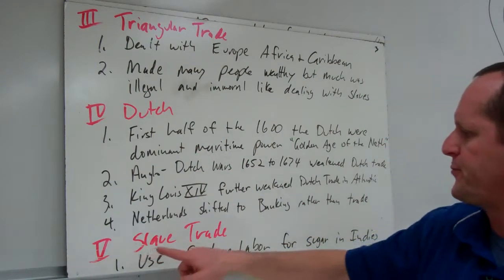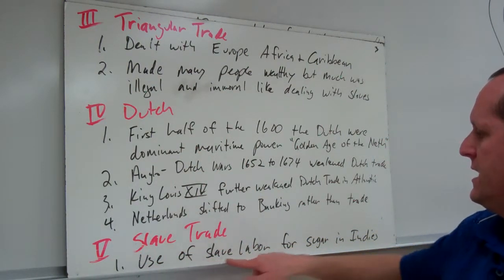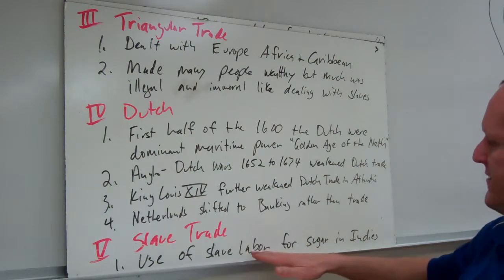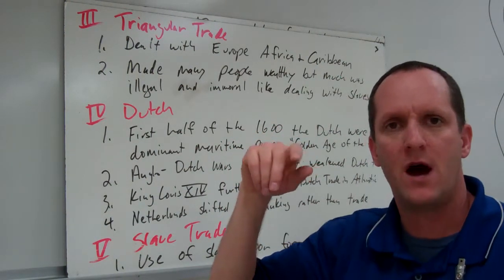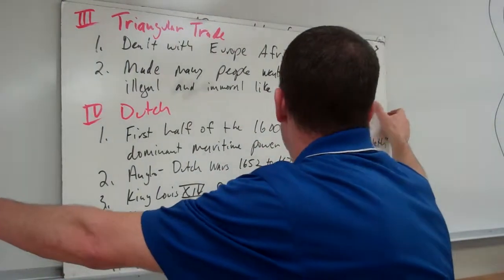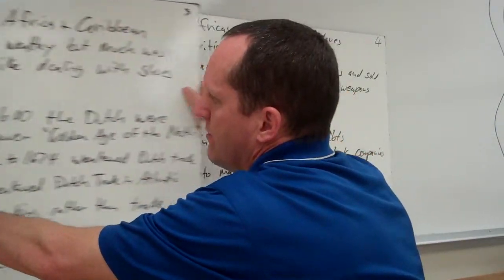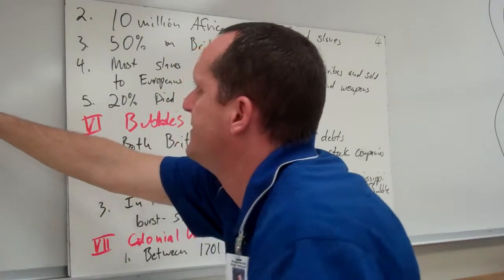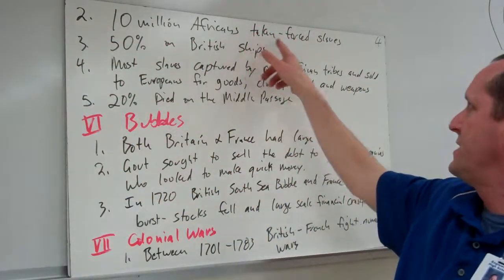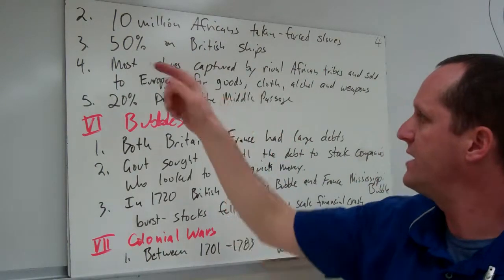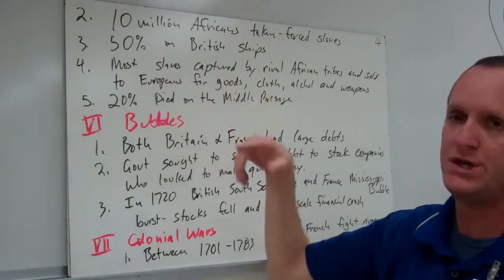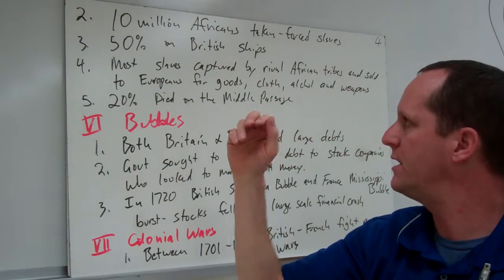Now, the slave trade. The use of slave labor was necessary for sugar and labor-intensive crops in the Indies, and so they started bringing in slaves. 10 million Africans were taken from the continent and forced into slavery. 50% of those were on British ships, which is a huge number.